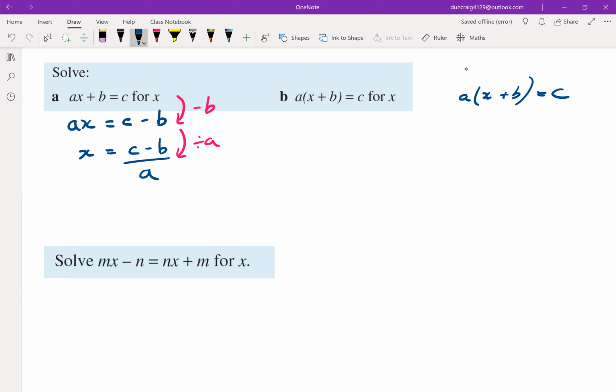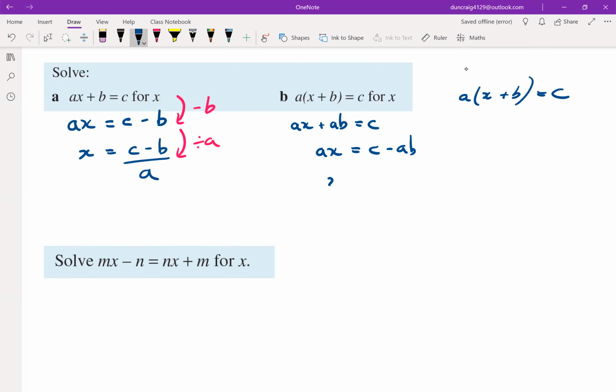Here I'm going to expand the brackets. So I'm going to get ax plus ab is equal to c. Take ab from both sides. Ax is equal to c take ab. Divide both sides by a. C take ab over a.